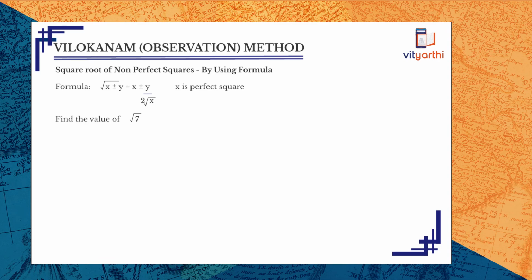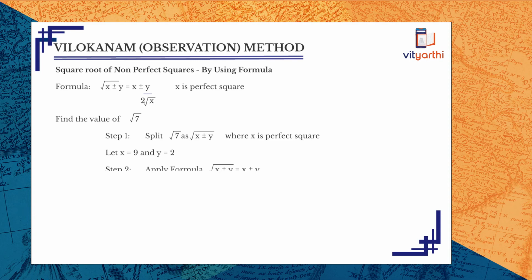Now we take the example of root 7. We will split root 7 as root of (x plus minus y), where x is a perfect square. Near root 7, 9 is a perfect square, so we take x equal 9 and y equal 2.